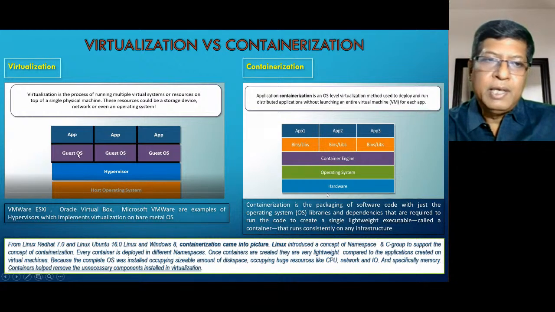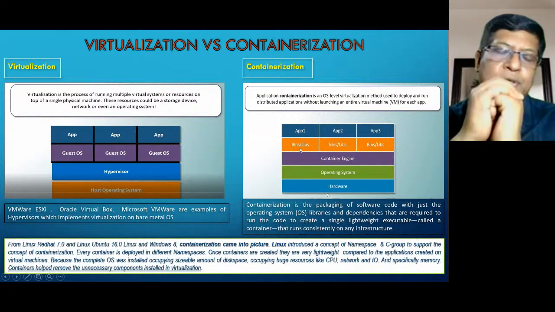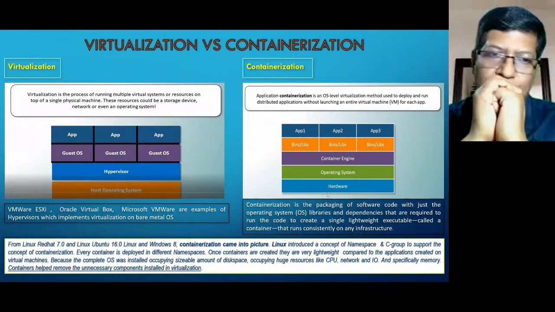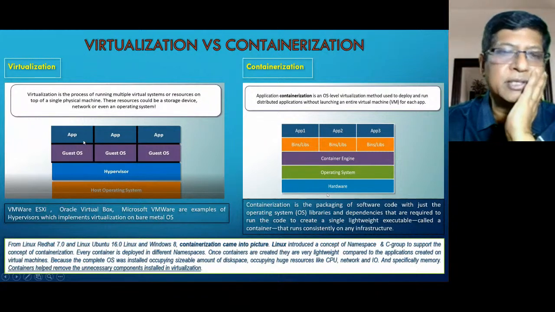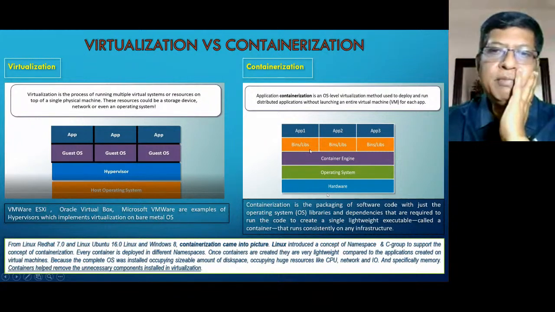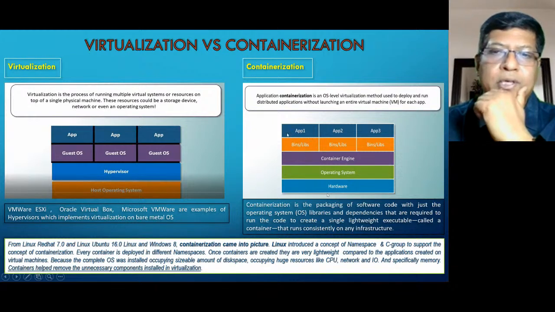Can you believe, if the size of this application is 1 GB or 2 GB, when you use containerization, what can the size be? Can you guess? Let's say this same Java application using the guest OS is 1 GB in size. The same Java application with this containerization technology, what is your guess? What could be the size?